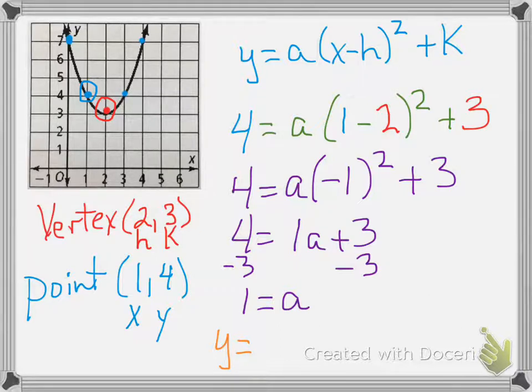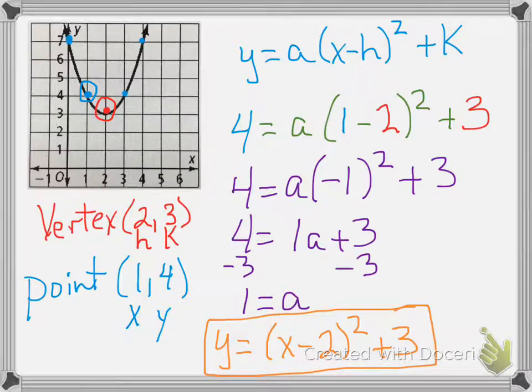I'm just going to put x minus, and then what's my vertex? My h is 2 squared, and then my k is 3. So my final answer for number 13 is y is equal to x minus 2 squared plus 3.